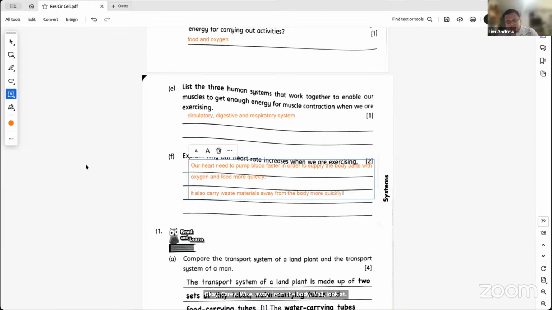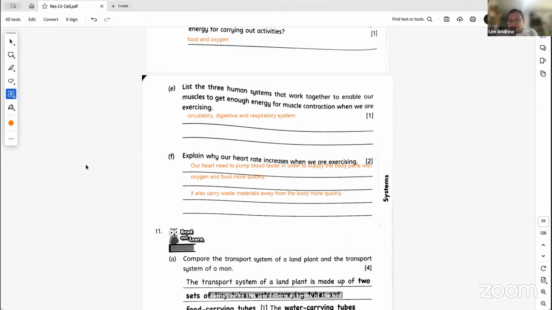Okay, students, there is an important thing to note for this question. In layman terms, we know that our body needs more oxygen, more food. However, we cannot write this word "more" in terms of the heart.